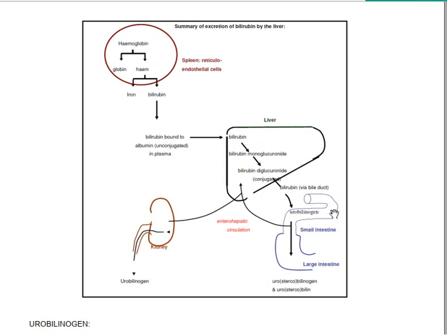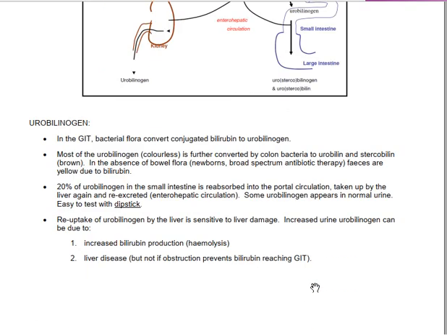In the gastrointestinal tract, certain bacteria act on it to produce urobilinogen, which is reabsorbed into the body and then can be secreted in the urine. That occurs in the small intestine. In the large intestine, bacteria produce stercobilinogen. Is it clear? The stercobilinogen results in the pigmentation of the feces. So that's it.